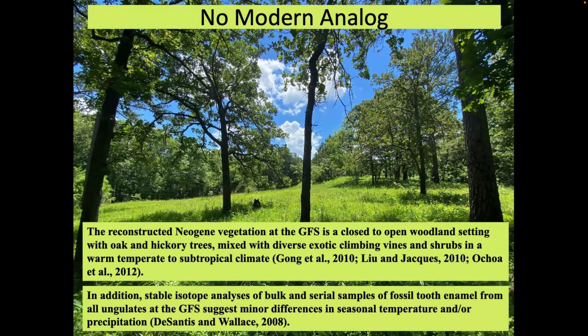Now, finally, one of the ways that we can get at this question and evaluate this is by doing certain things like isotope analyses. So in addition, stable isotope analyses of bulk and serial samples of fossil tooth enamel from all of the ungulates at the Gray Fossil Site suggest minor differences in seasonal temperature and precipitation.